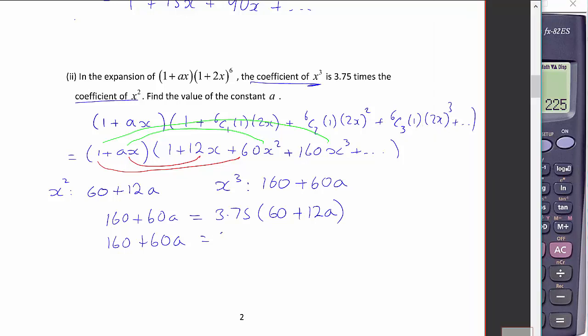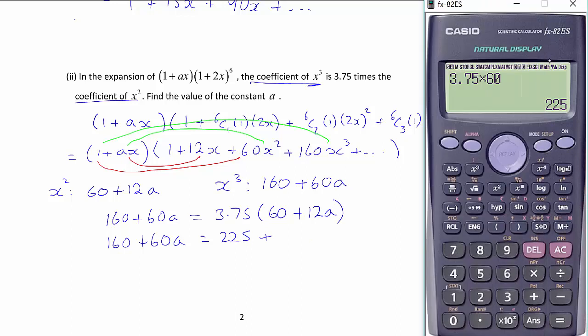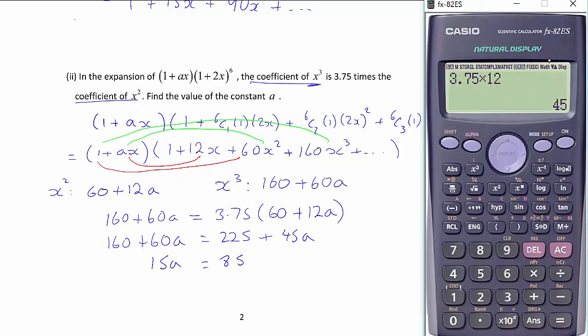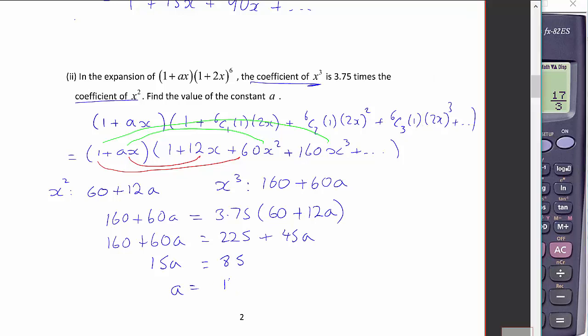That's 225. And then 3.75 times 12. That's 45. So bringing that over, I've got 15 a's. And 15 a's are equal to 85. So 85 divided by 15 gives me 17 over 3.